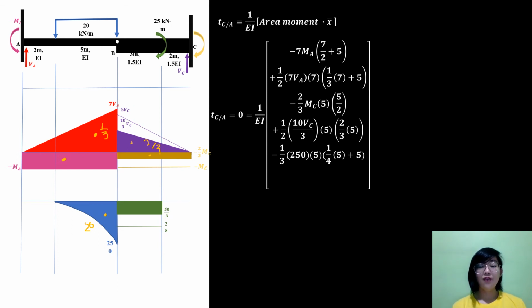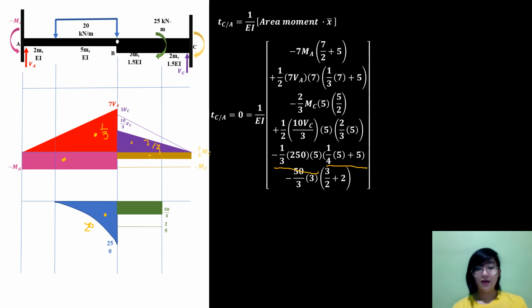So, magiging 1/4 times 5 yun to get the centroid. Plus, eto pa. Kasi, di ba, sa C yung reference line natin. So, ulitin ko, negative 1/3 times 250 times 5. This one is the area, and this one is the moment arm. 1/4 times 5 plus 5.